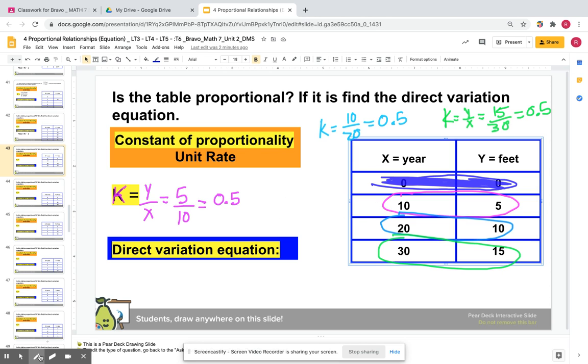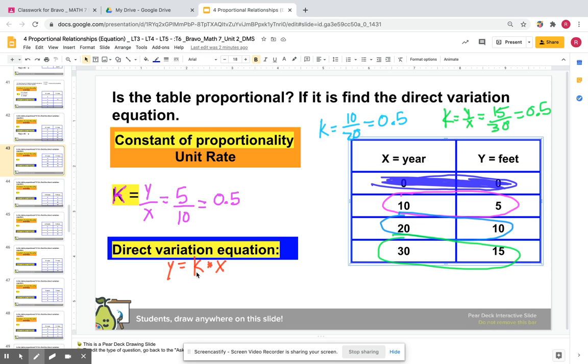Anyways, going back to the equation, it's written in this format: y is equal to k, the constant of proportionality, times, and I'm going to use an asterisk symbol for the multiplication, x. We don't need to find the value of x or the value of y. For the equation, you just leave it as y and x.